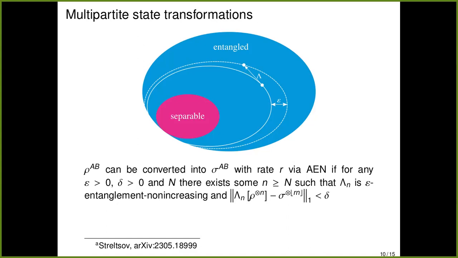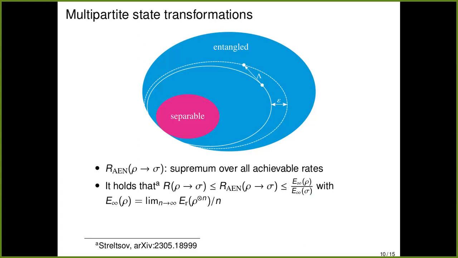So basically, lambda n maps n copies of rho into r n copies of sigma with error at most delta. Again, this is similar to the standard conversion rates, but tailored to this setting. And the optimal conversion rate in this setting is the supremum over all such achievable rates.